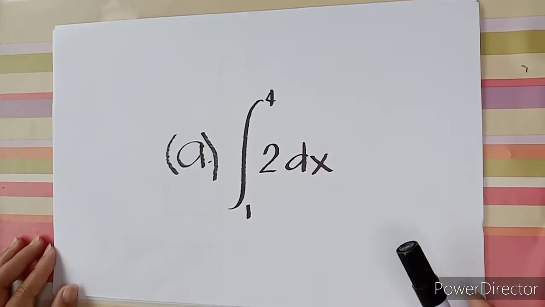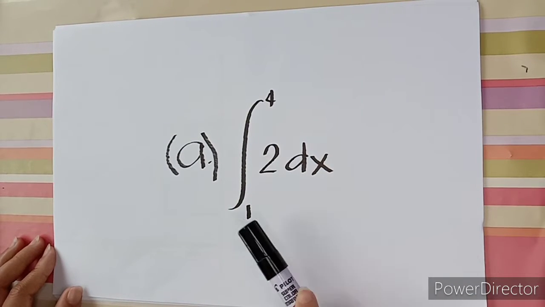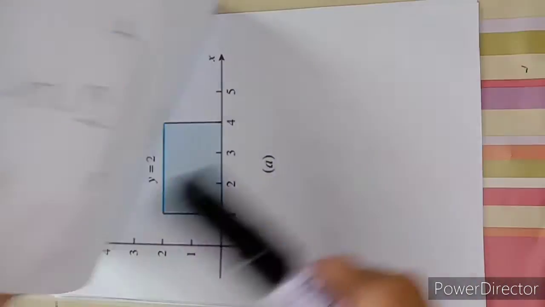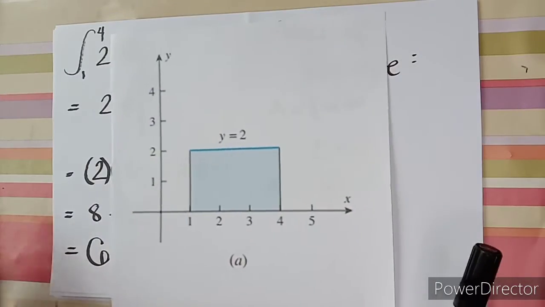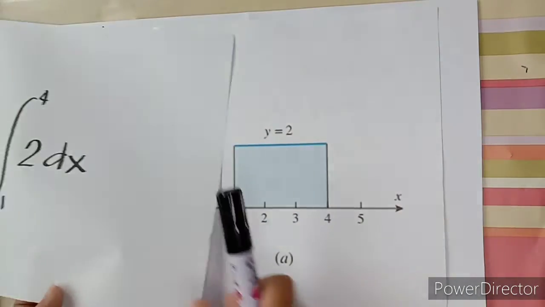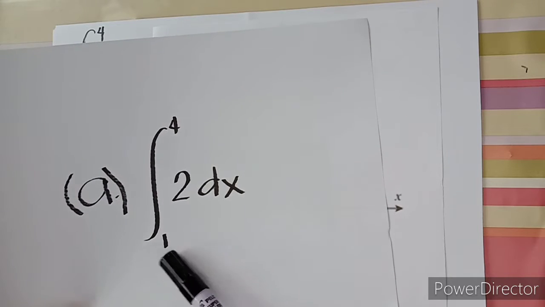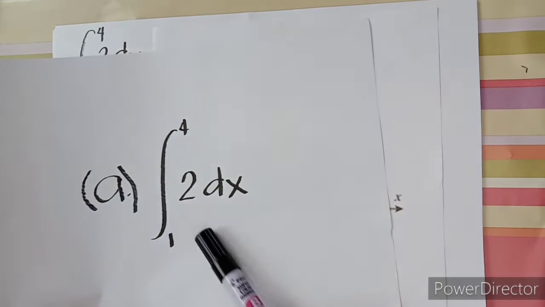Letter A, let us sketch the integral of 2 dx evaluated from 1 to 4. Here is the graph of the region, where x is 1 and 4, the lower limit and the upper limit of the function.